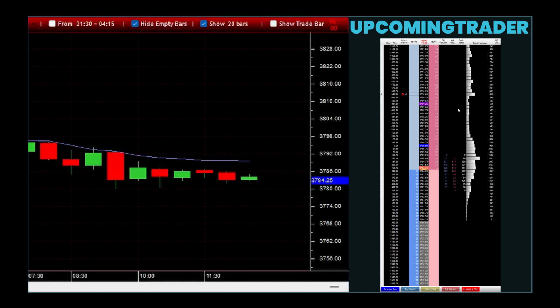Understanding these nuances among the upside Tasuki Gap, rising three methods, and bullish on neck patterns can significantly enhance traders' analysis and decision-making process by enabling them to accurately identify continued bullish trends in the market.